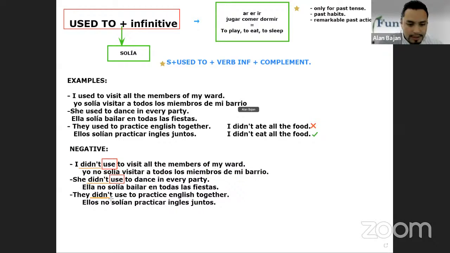We have they didn't, the auxiliary, then we have use to plus the verb practice. Can we have a screenshot of this and share it in the group, please?